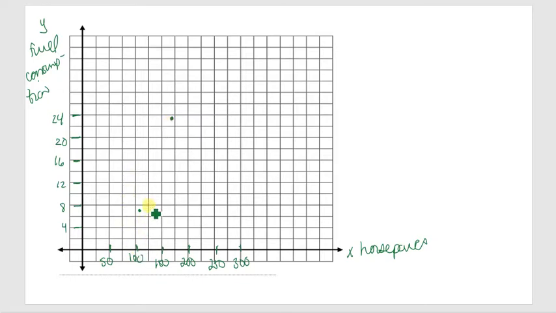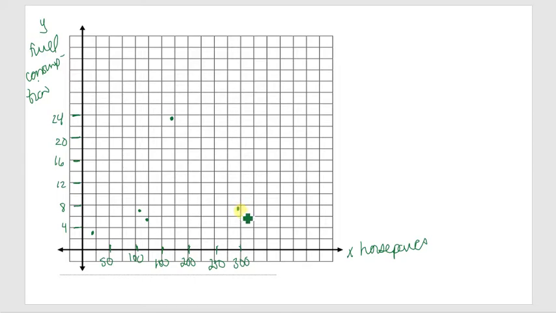Then 17, 3.4. That's really low. And then almost 300, 8.4.